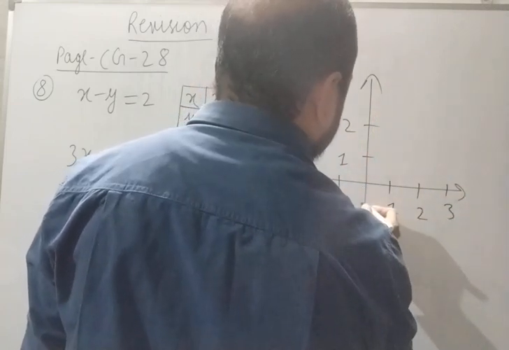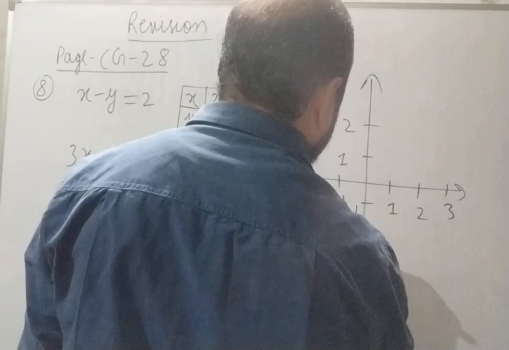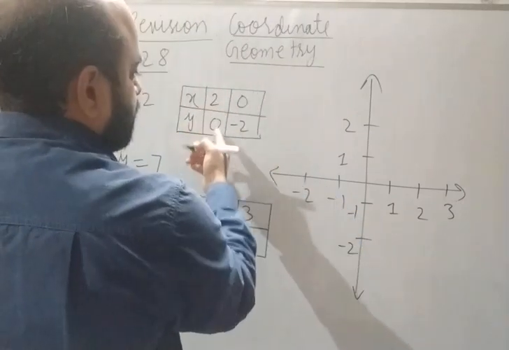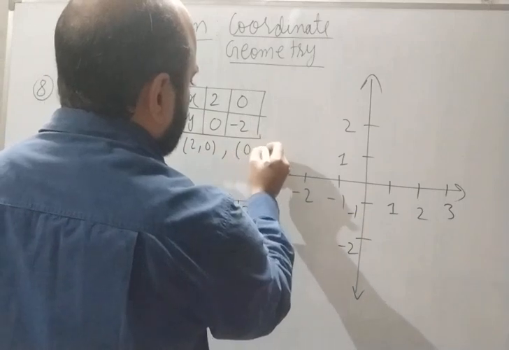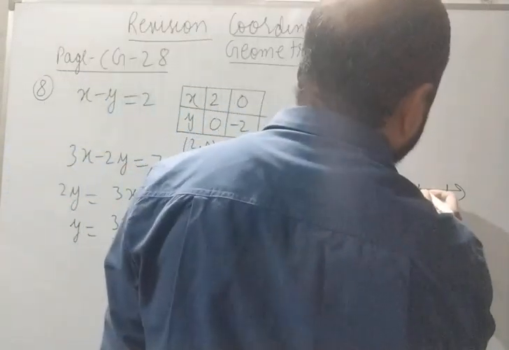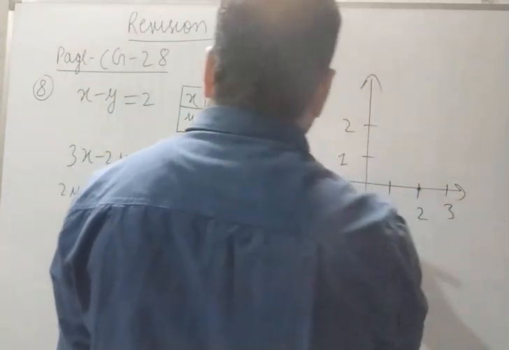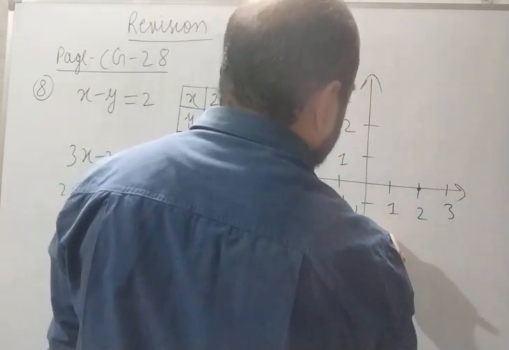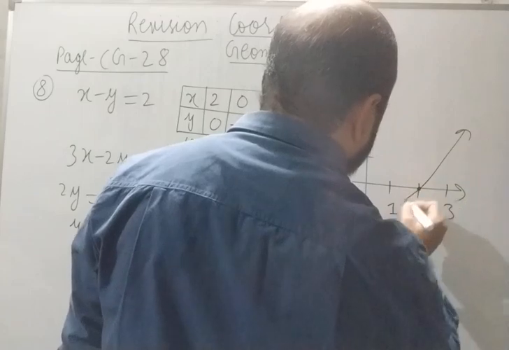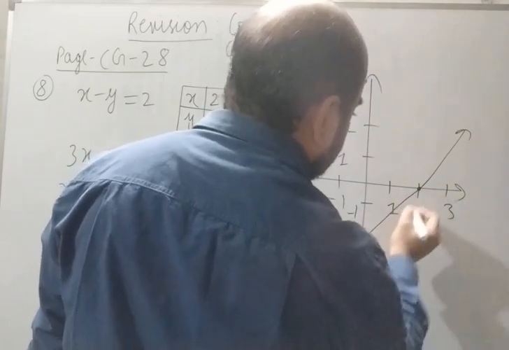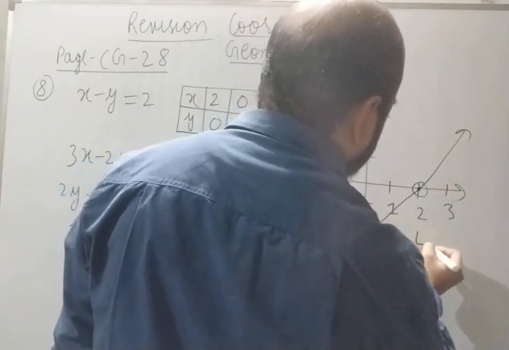Here we want minus 1 and minus 2. So the first points are 2 comma 0 and 0 comma minus 2. 2 comma 0 means this point, and 0 comma minus 2 means this point. So the first line is this. Like this.